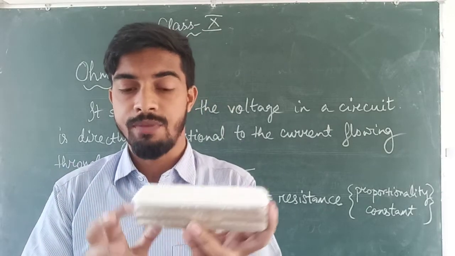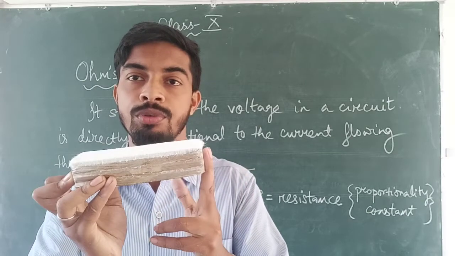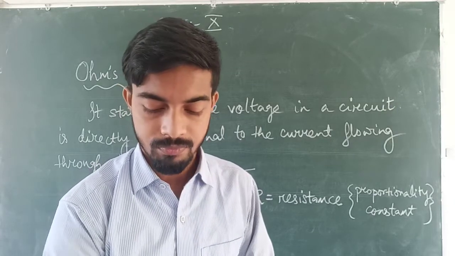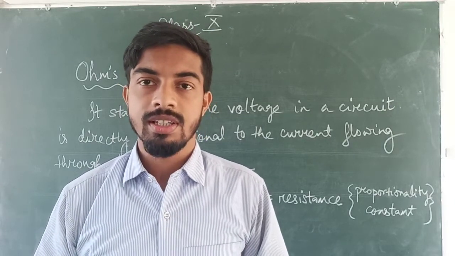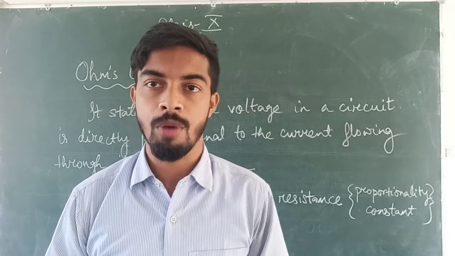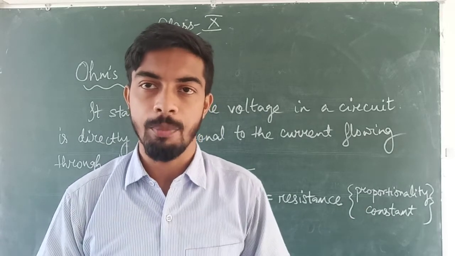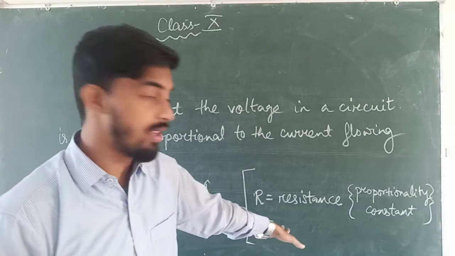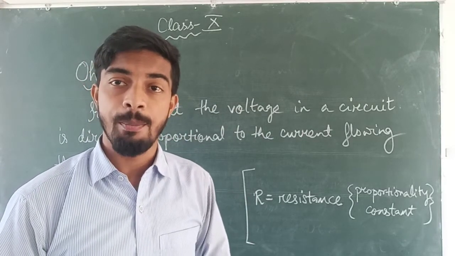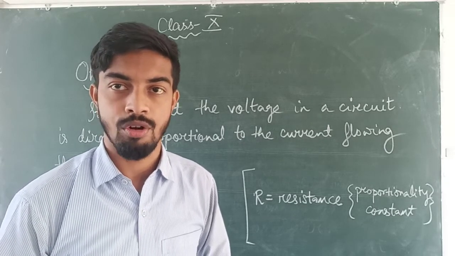If I connect a live wire here, current will not come to this side because it is a bad conductor of electricity. Every conductor has a different resistivity value, meaning the ability to block the flow of electrons. We will learn this in the upcoming topics. For this topic, resistance is the ability of any conductor to oppose the flow of electrons.